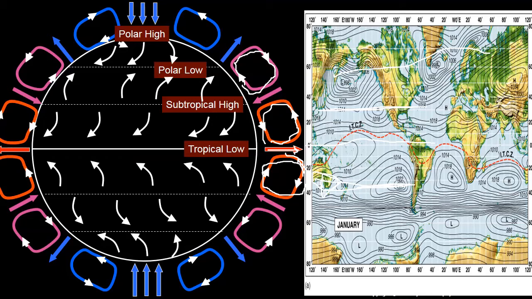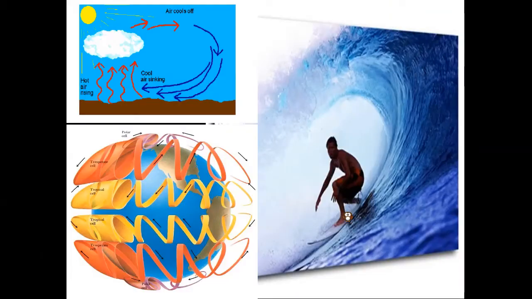And on the surface of the Earth, it's going to be moving away from high pressure areas and towards low pressure areas. Away from high pressure, rising at the low pressure, moving back over here, sinking at the high pressure, then moving away from it towards the low pressure, and you get a nice circular convection cell going on there.